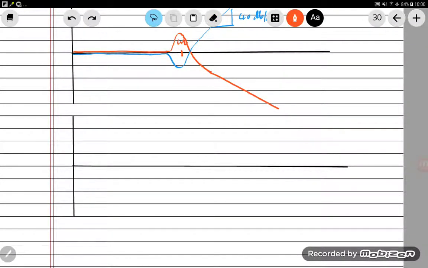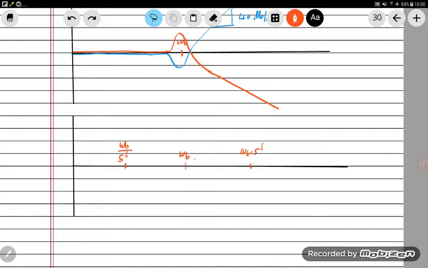Similarly with our phase plot, we know that it's at omega b here. We know that it breaks away approximately at omega b over 5 to the power of zeta, and it joins the negative 180 degree line at omega b times 5 to the power of zeta.